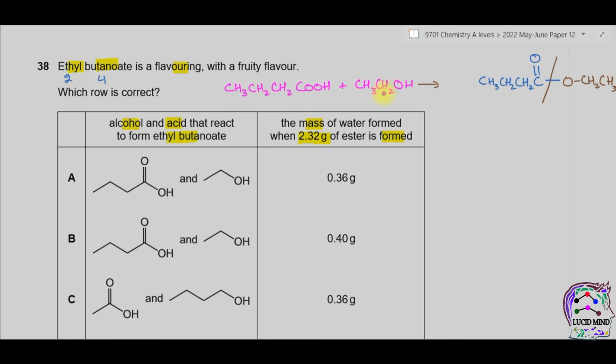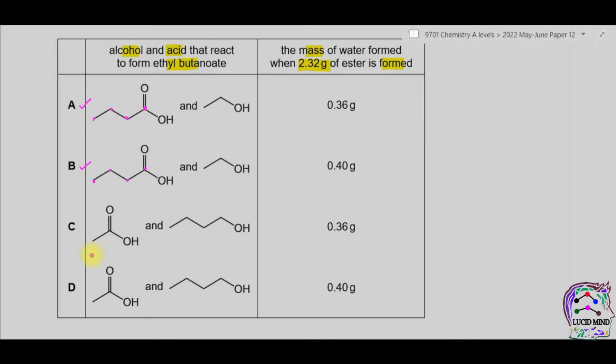So 4 carbon carboxylic acid and 2 carbon alcohol. So it could be A, it could be B. In C and D, we have a 2 carbon carboxylic acid, which is wrong.